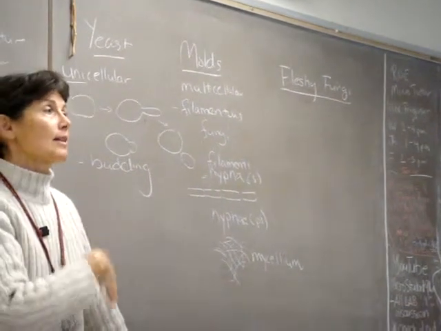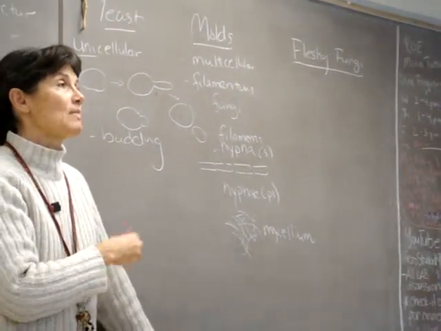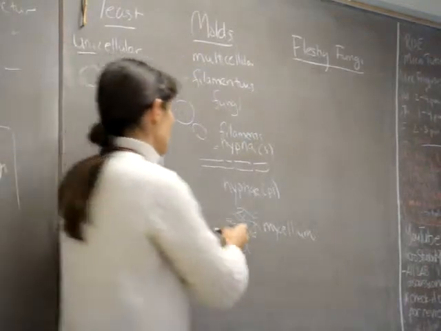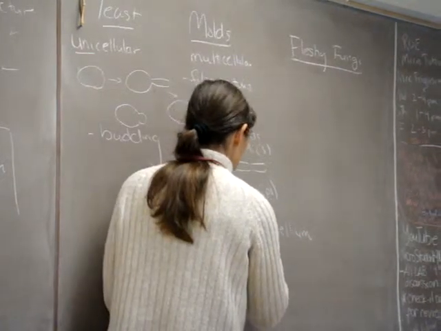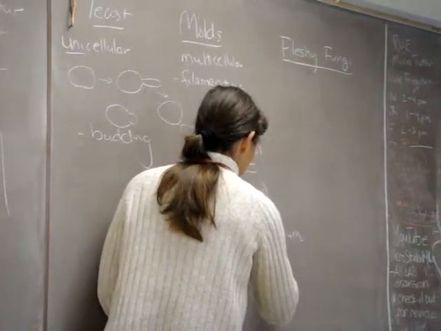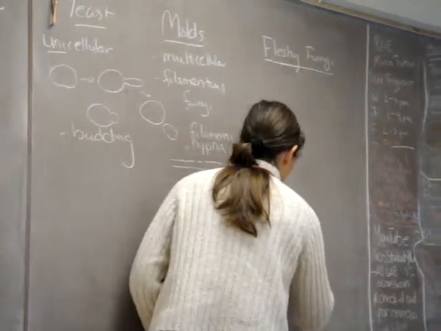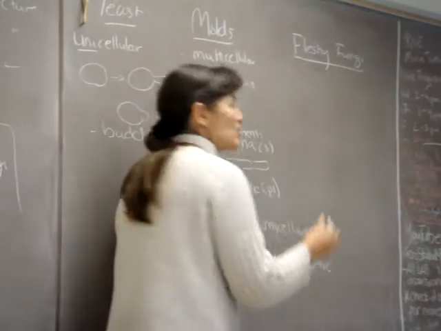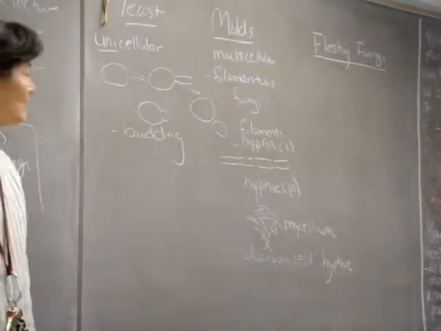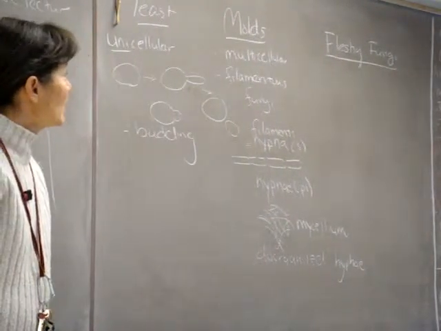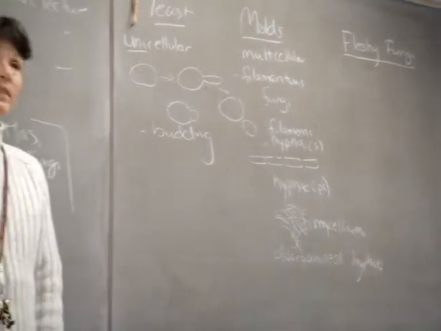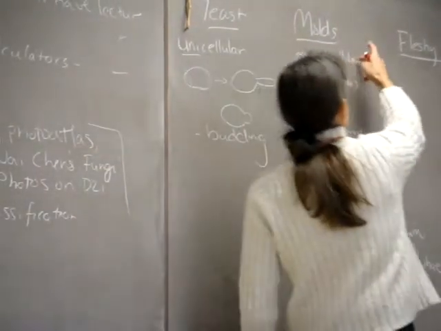Okay. And that's the characteristic of molds, is they make these disorganized hyphae. They don't form specific structures. Now, in contrast, the fleshy fungi, they share these same traits.